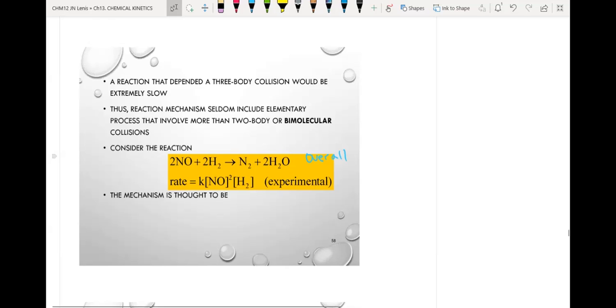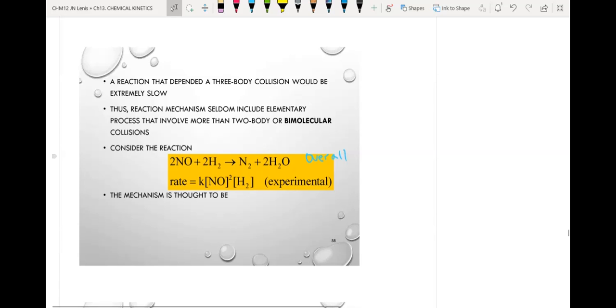You double the concentration of NO and the speed quadruples, that means the reaction is second order with respect to the reactive. And the reaction is also first order with respect to H2. What is the meaning of first order with respect to H2?